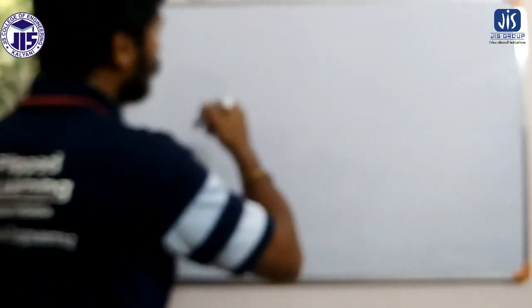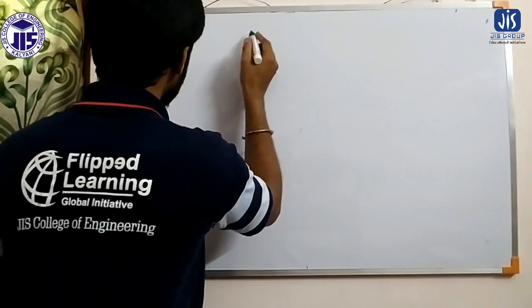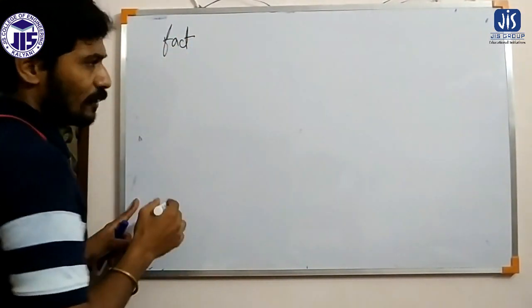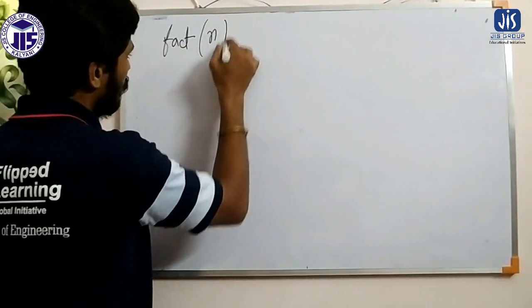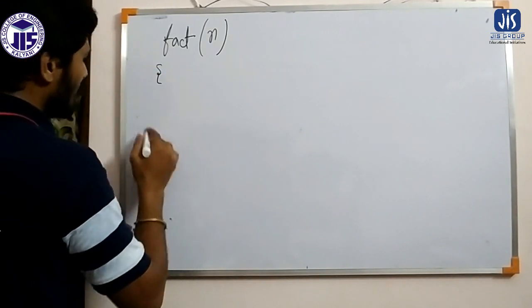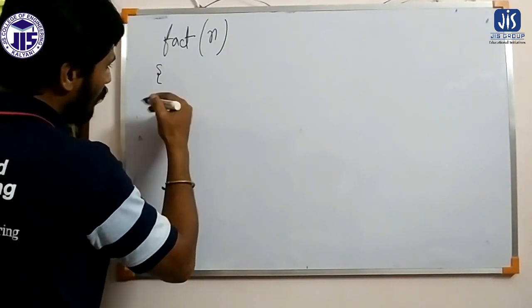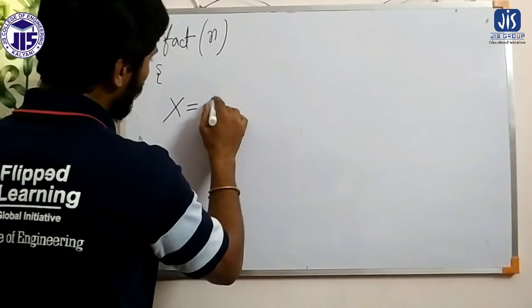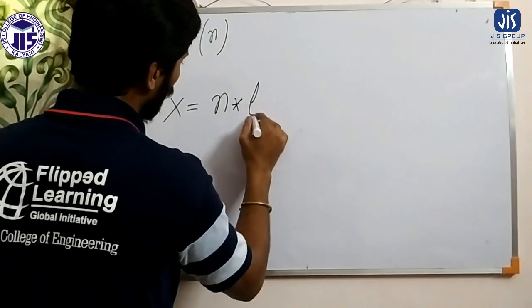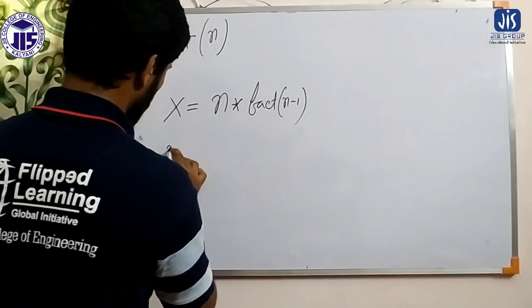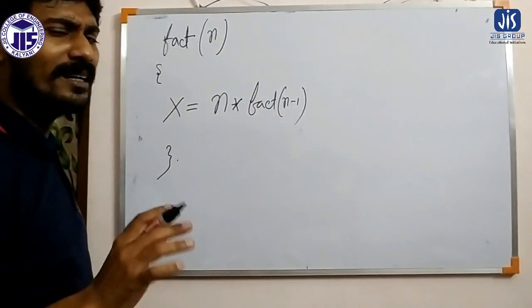So here what basically we do is we create a function, that is the factorial, fact function. We receive the argument through the n variable. Fact of n is equal to, for example x is a variable, x is equal to n into fact of n minus 1, and it will continue until n reaches 1.